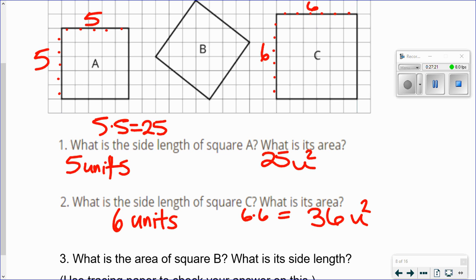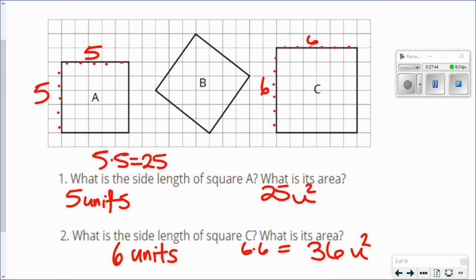So what happened in B, they took a square and they tilted it, right? So it is physically impossible to try to count out these sides because you've got these little pieces that are running through and it's on an angle, so we definitely can't use the method that we used for A and for C. So here's where we want to try our new strategy of surround and subtract.